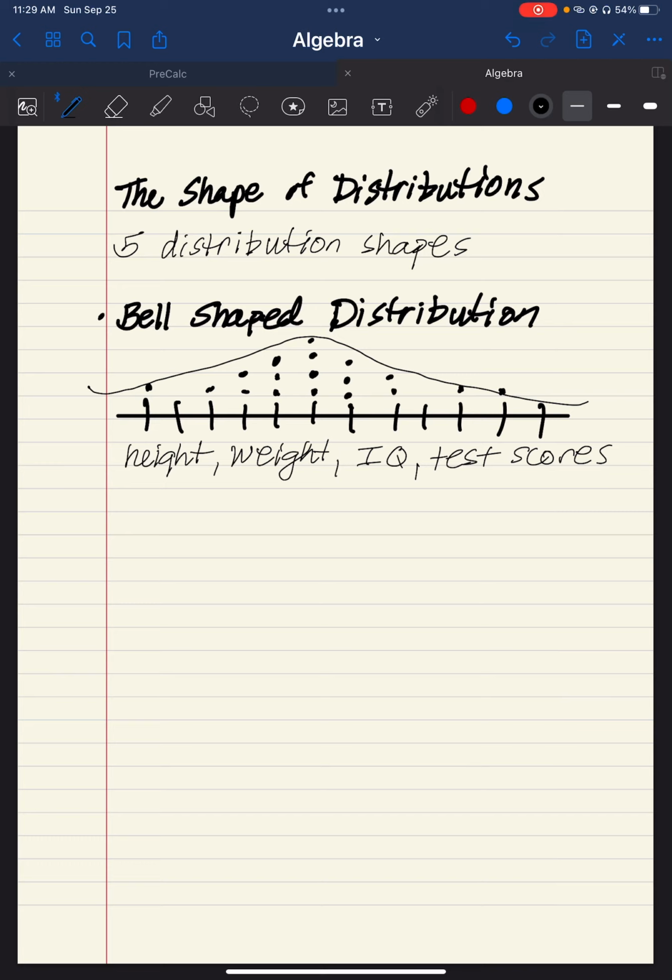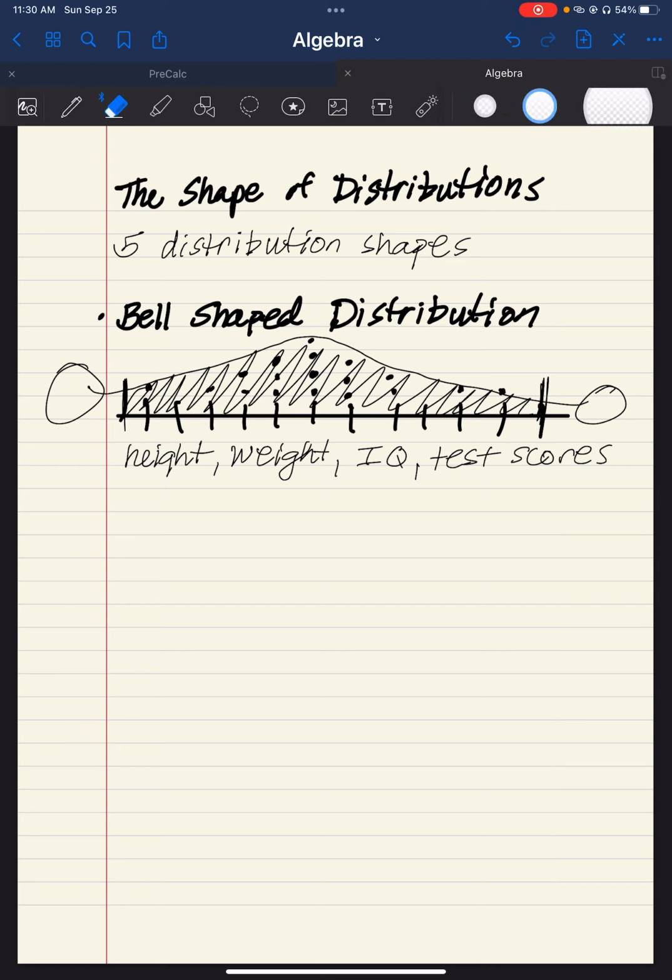There's a lot that we can do with the bell-shaped distribution because you end up getting like 99% of people that fall within this bell, and then you get very small amounts of people on the ends of things. That's very useful, and we're going to talk about that a lot more later on. But the main thing you need to know is that the bell-shaped distribution has most of the data in the middle.